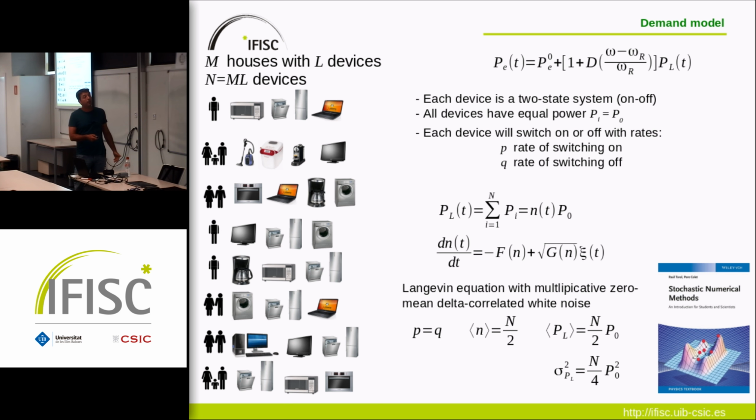The variance of these fluctuations goes as N divided by 4, times the power of the device squared. So this is the mean and the fluctuations of this stochastic process, and this is the mean power. And you can actually solve this for all times exactly. So N(t) you can solve exactly. So that's simple: devices that switch on and off stochastically. That's it. So is it a good model?